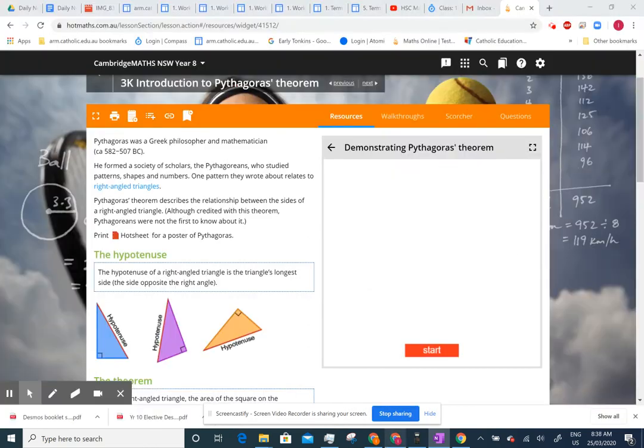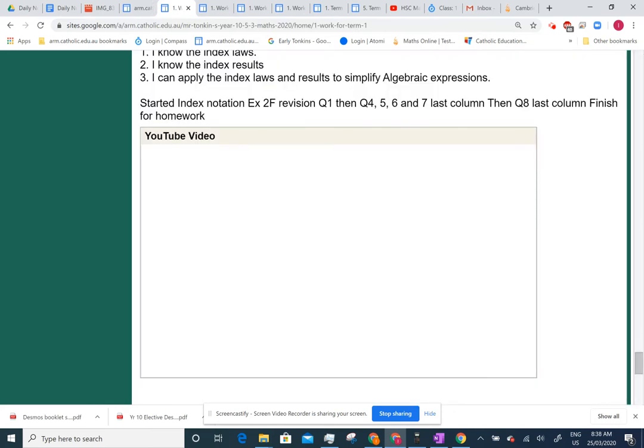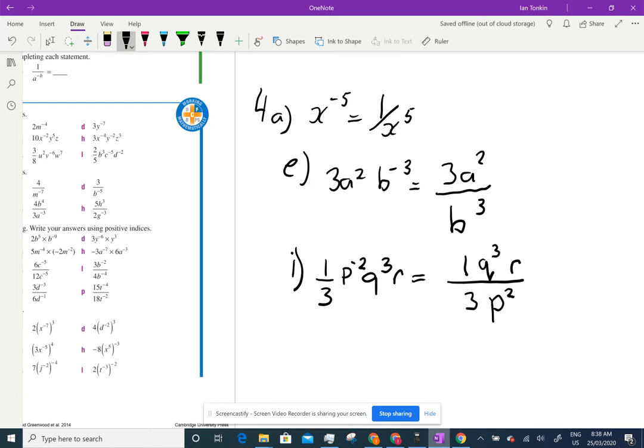Let's just check again, see what questions we're doing. Here we go. 2G, 4, 5, 6, 7, 8, 9, and 10. Okay, 2G. What one was that? 4I. And yep, we're right.